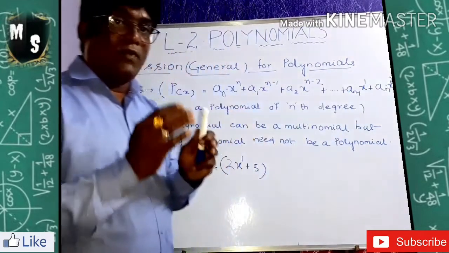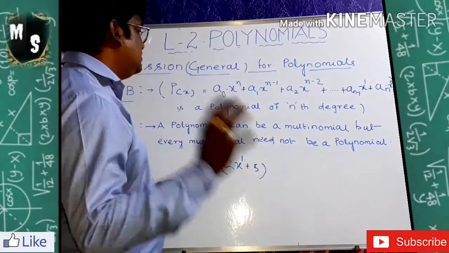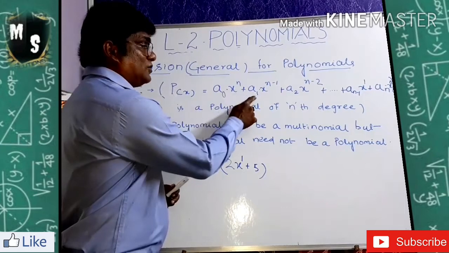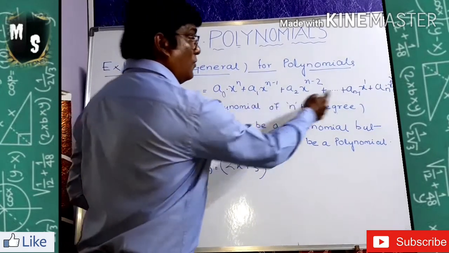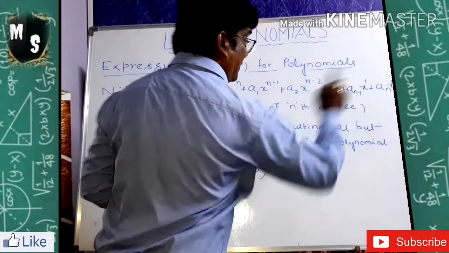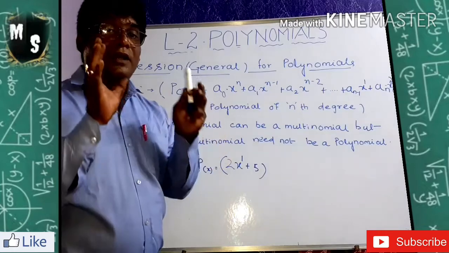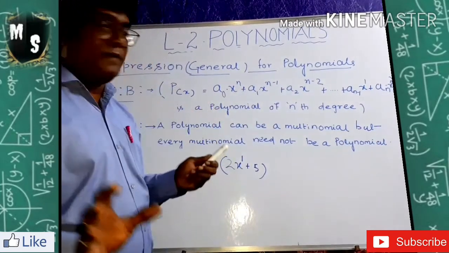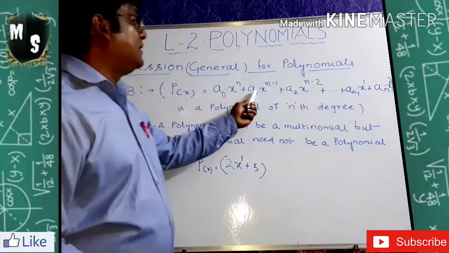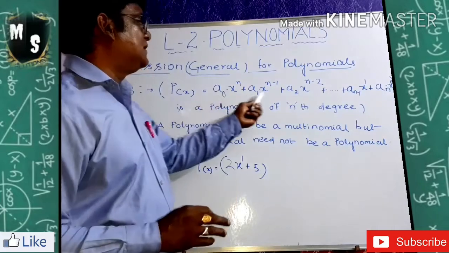Similarly, what change will you observe? You will observe the change in the coefficients also: a0, a1, a2, up to a(n minus 1) and an. One thing you mark: while the variable degree is decreasing, at the same time the coefficients are increasing in order.